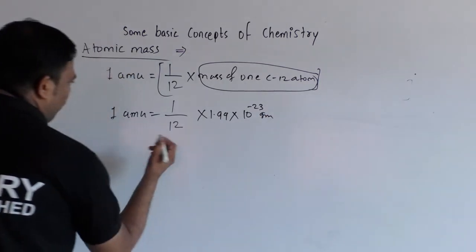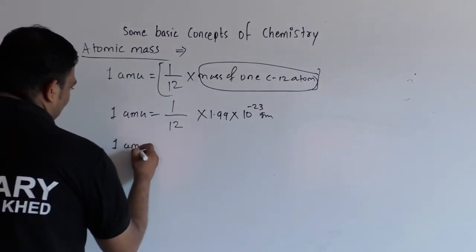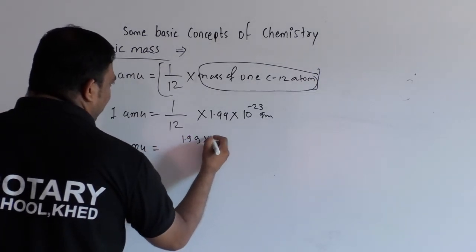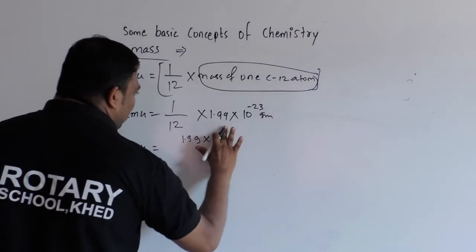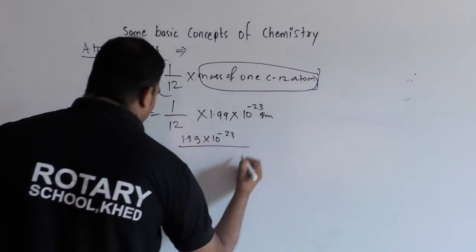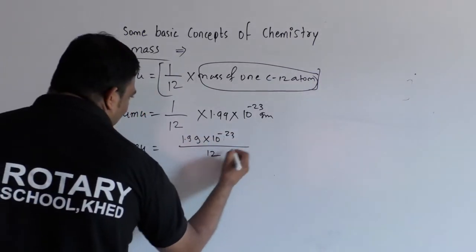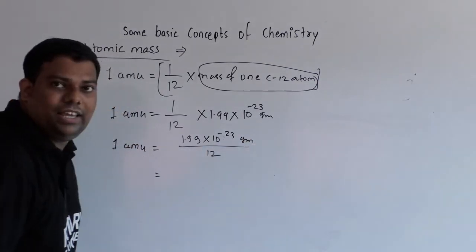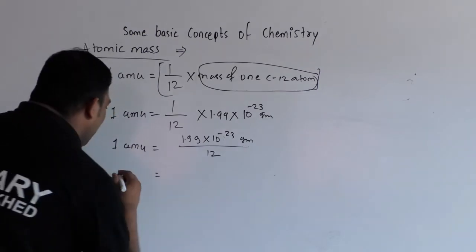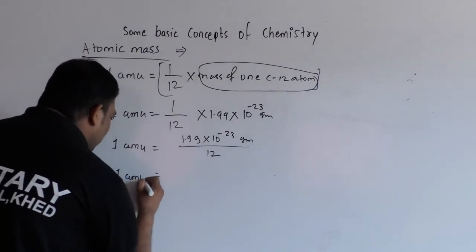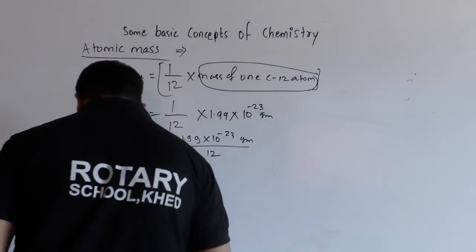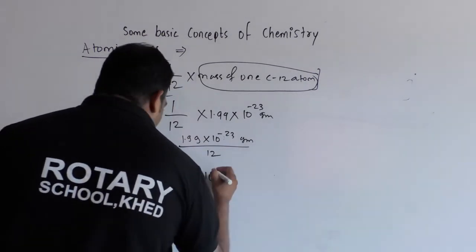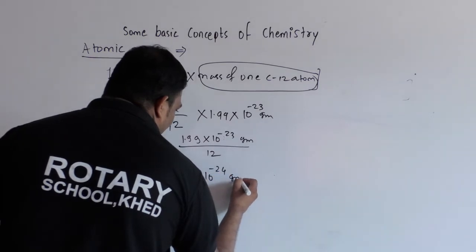So we can again solve: 1 AMU is equal to what? Yes, 1.99 into 10 raised to minus 23 divided by 12. I hope you understood. So after solving, 1 AMU, what will you get? 1.66 into 10 raised to minus 24 gram.